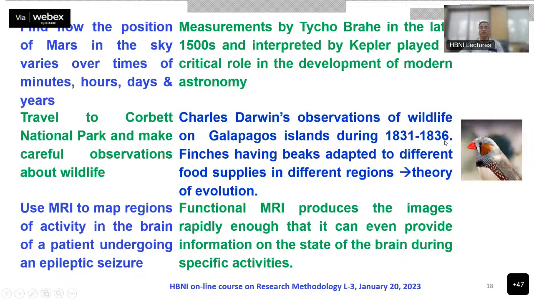He spent 6 years there, and he found that the birds called finches have beaks which are adapted to different food supplies in different regions. Depending upon the type of fruits they feed on, they had developed beaks of that particular type.